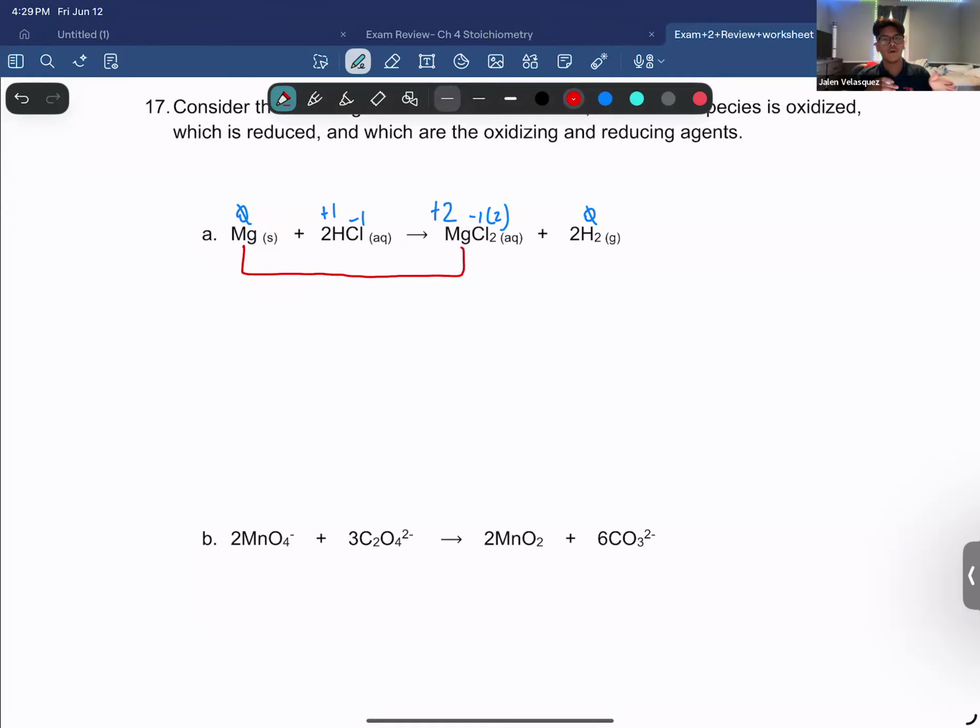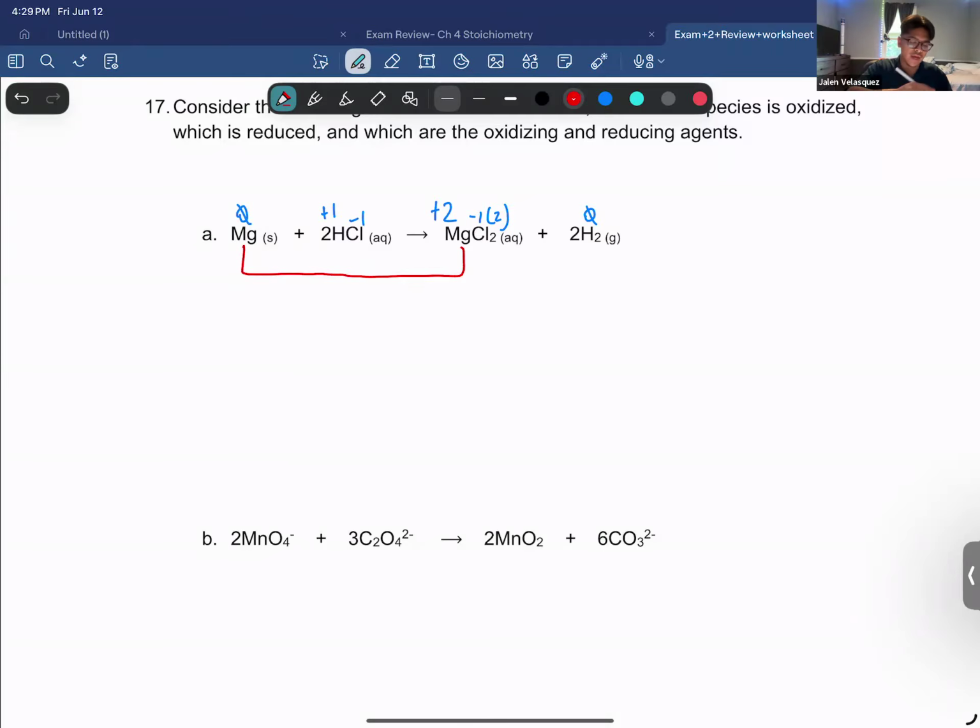So going from zero to +2, that number is getting more positive, right? So what's happening to the electrons if it is getting more positive?